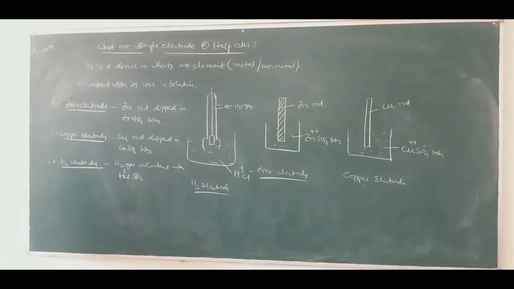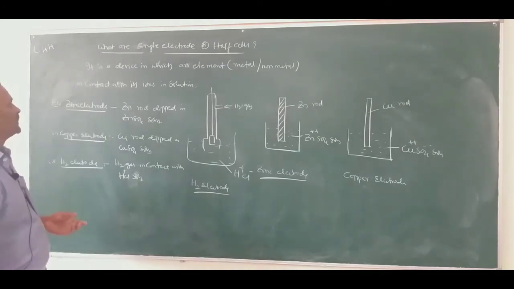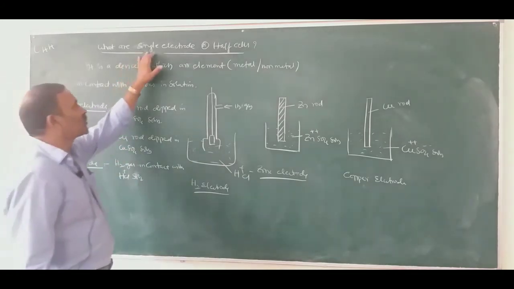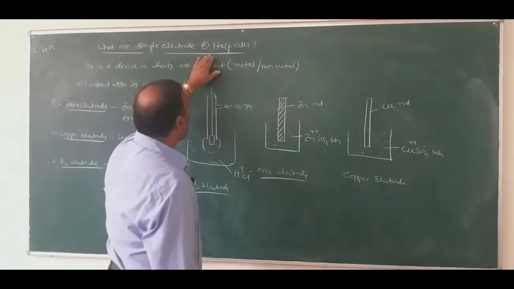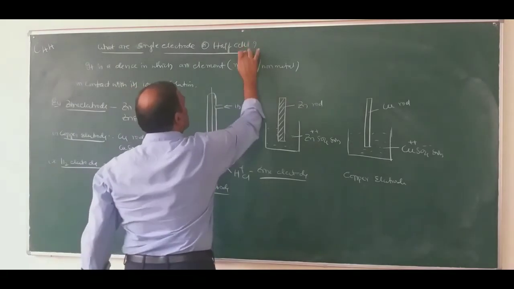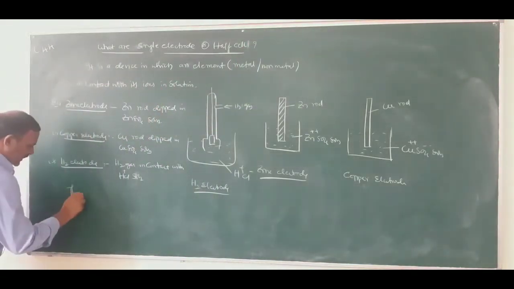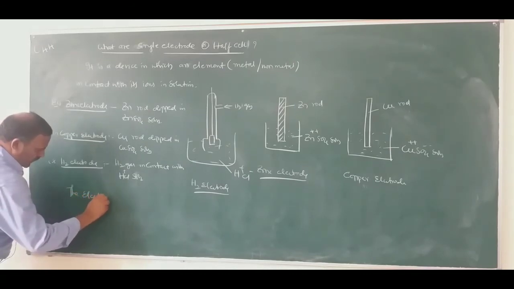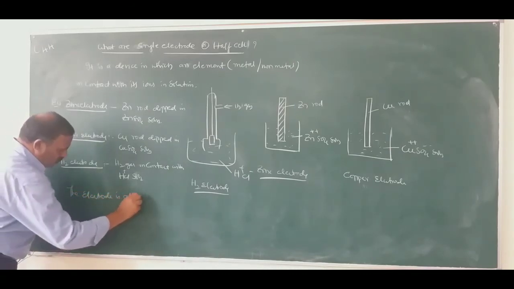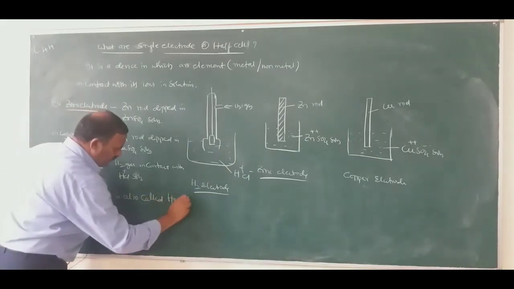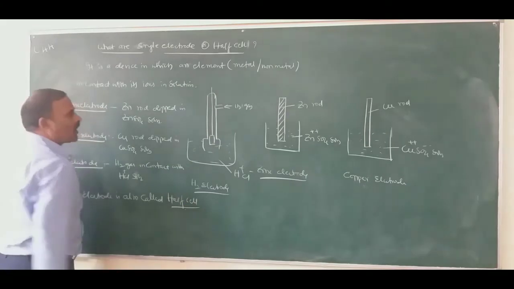In general, an element in contact with its ions forms the electrode. This electrode is also called a half cell.